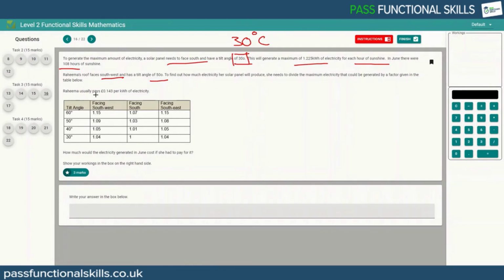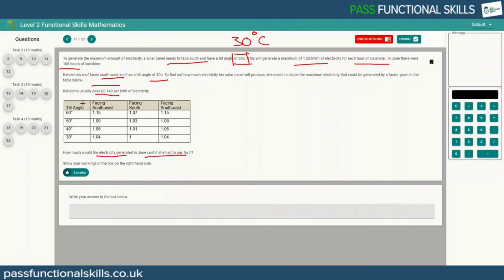We're also given the typical price she pays per kilowatt hour of electricity, and what the question's asking from us is to find out how much the electricity that the solar panels produce in June would cost at her standard electricity rate.